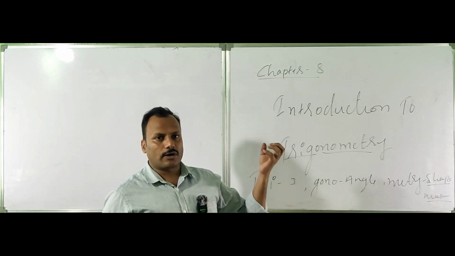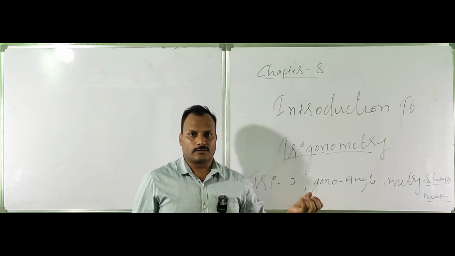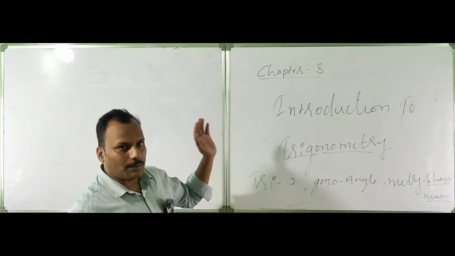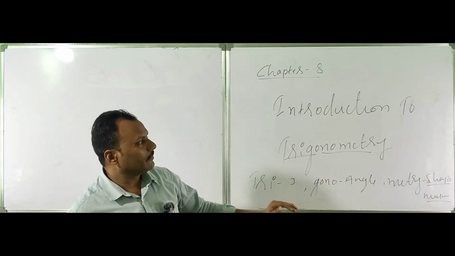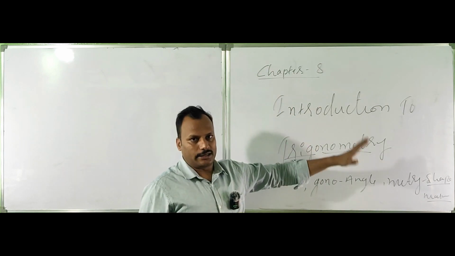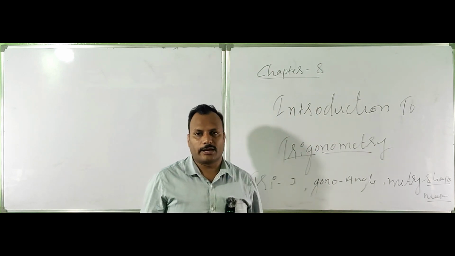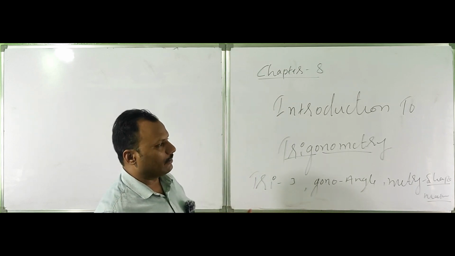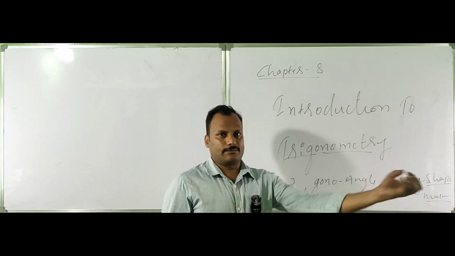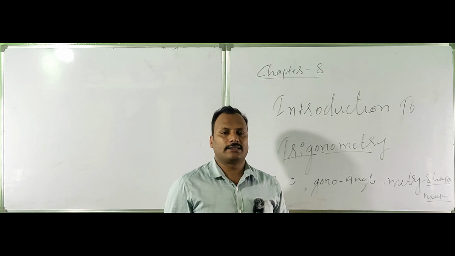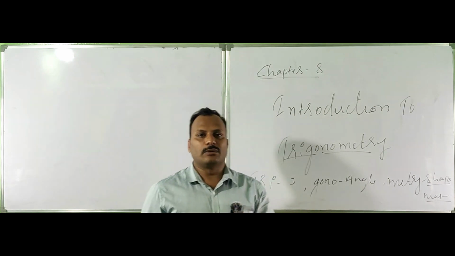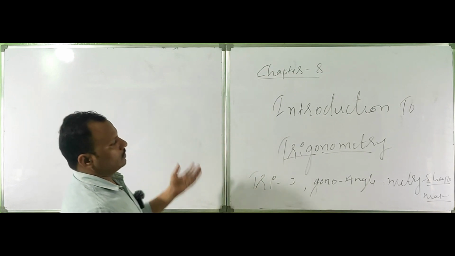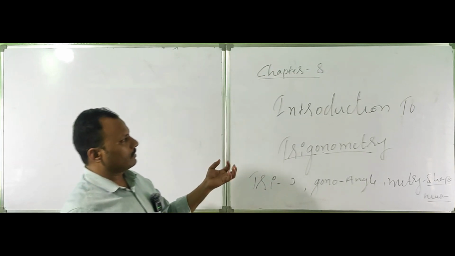They have contributed a lot to your curriculum. After the completion of triangles, especially similar triangles and the Pythagoras theorem, they put chapter number 8 at this stage. So we should apply the basic skills we have learned in triangles, especially similarity and the Pythagoras theorem, in introduction to trigonometry.